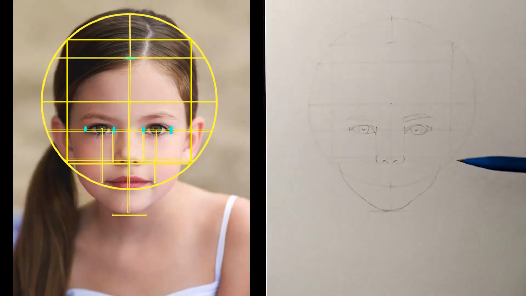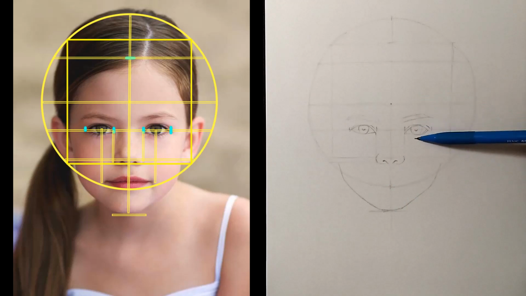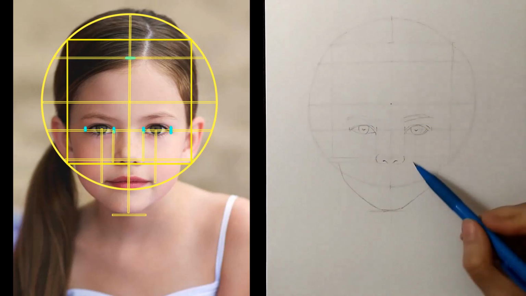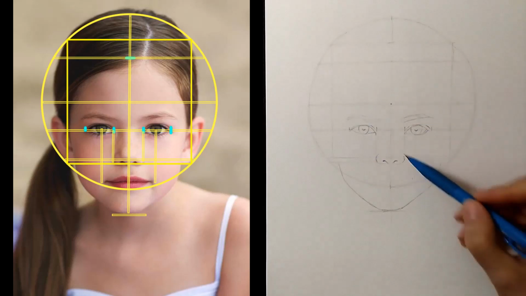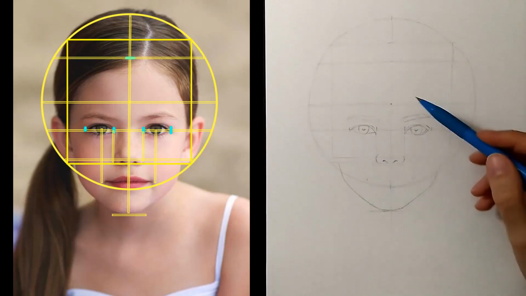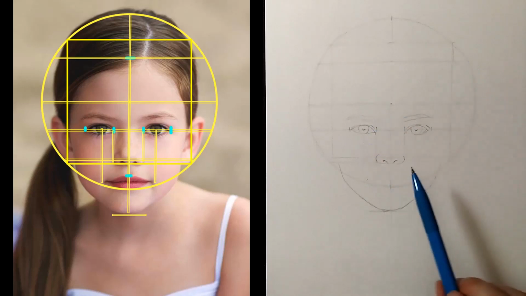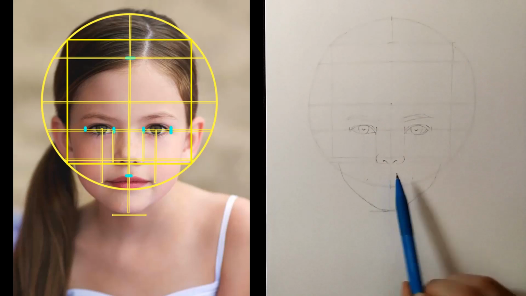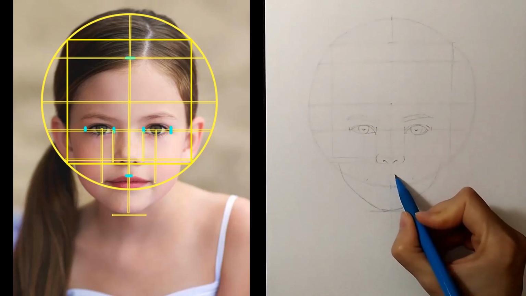The corners of the mouth are below the pupils, but a little further in. Dividing the distance between the nostrils and the bottom of the mouth in two parts gives the position of the upper lip.